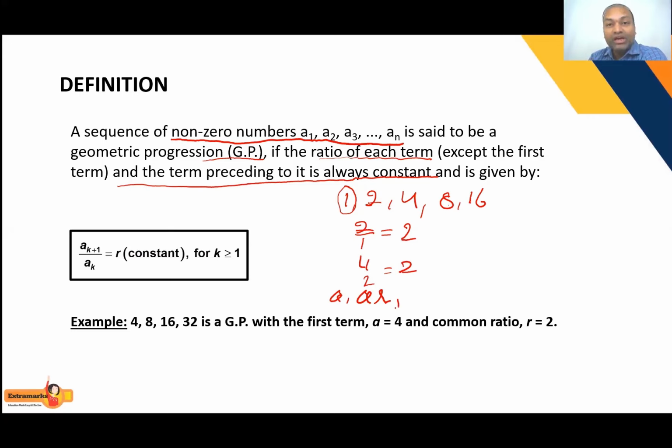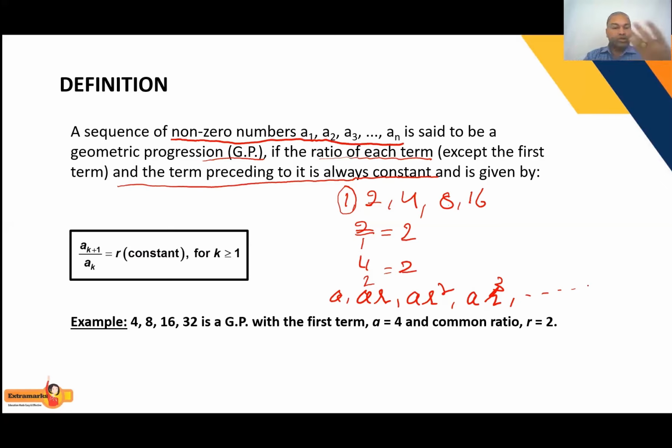The next term is ar into r; r into r is r square. So the third term will be ar square. The next term will be ar cube, and so on. So any term in a GP is equal to the preceding term into the common ratio.